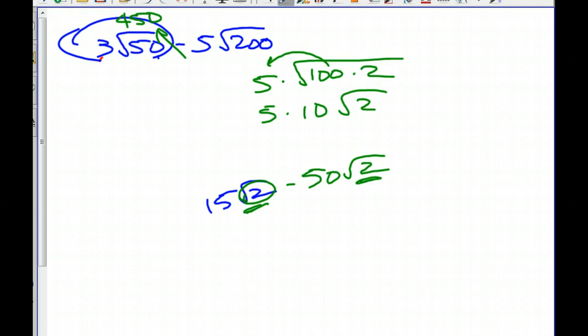That won't always happen. And sometimes it helps to know that you want a square root of 2 so you know what numbers to start playing with. So if I've got 200, that's 20 times 10. Let's see, 25 times 8. Take the square root of 25. 100 times 2. You've got all of these different factors you can use, and every one of them will work.